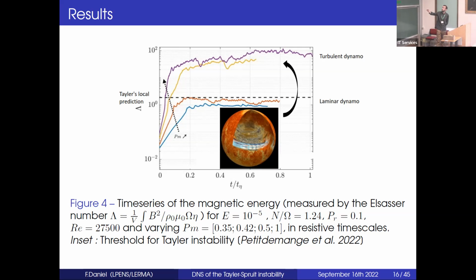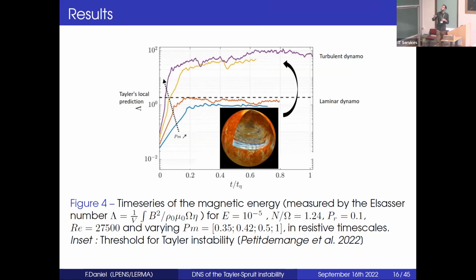And what we do concretely to control whether we're going to cross that line or not is tuning the magnetic Prandtl number in order to change the overall Elsasser number, but not change too much the hydrodynamical state of the system, because I've not mentioned it here, but I'm going to talk about that in a minute. This is going to be very important to bring a first source of instability in the system.